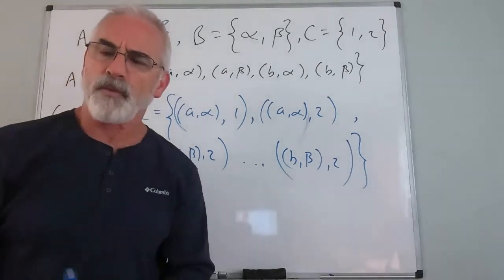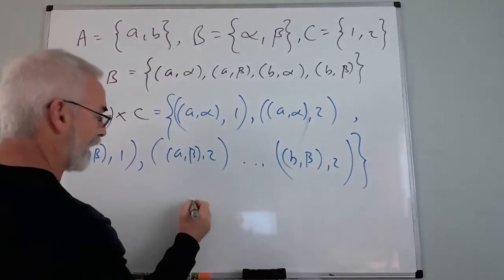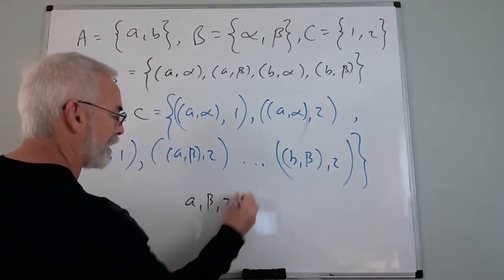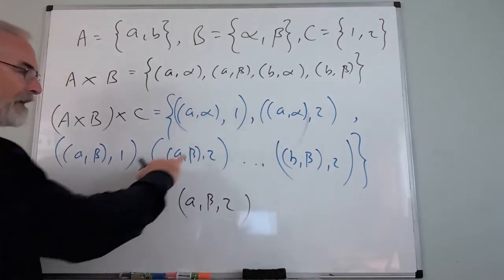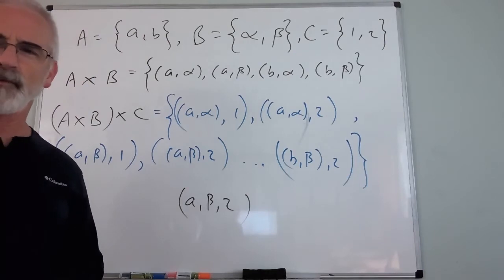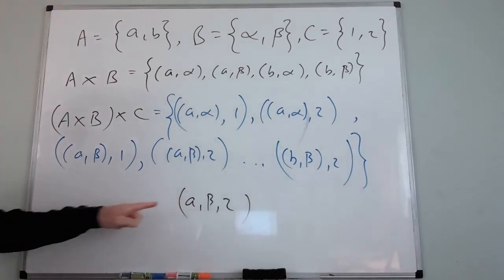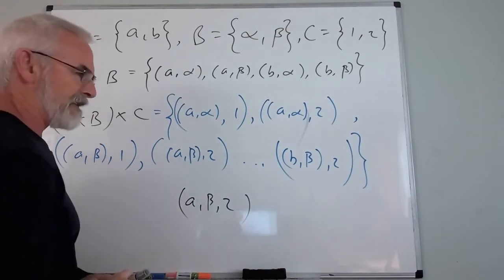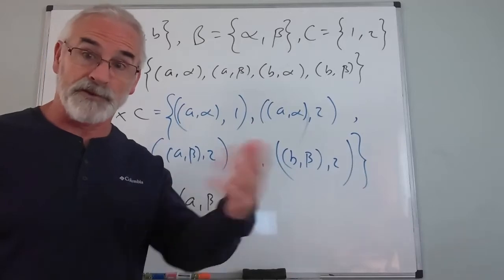What if I want an element that looks like A, comma, B, comma, what if I actually want it to look like an ordered triple? I don't like the parentheses within the problem. What if that's what I wanted? Does anybody want to try? It's kind of the same thing. I want to generate R3 as real numbers, real numbers, real numbers.